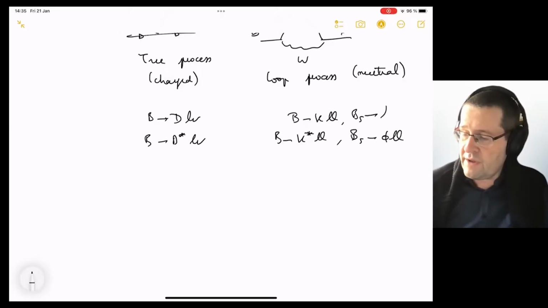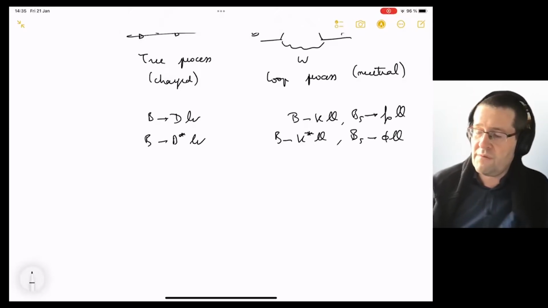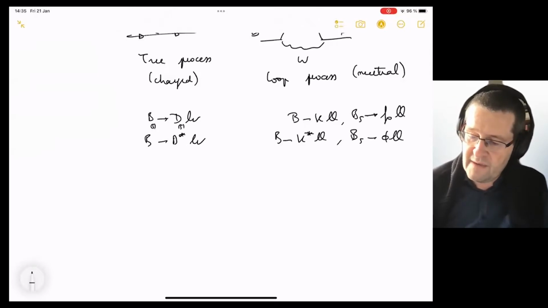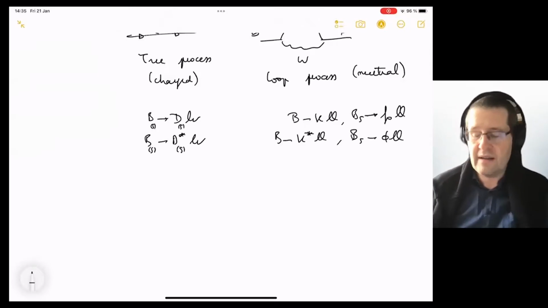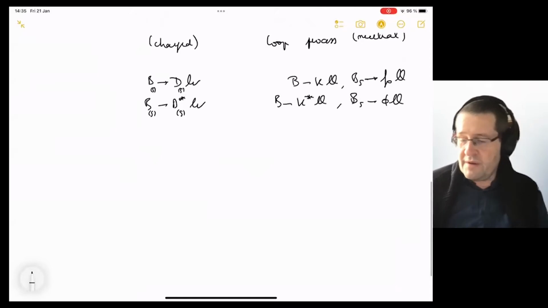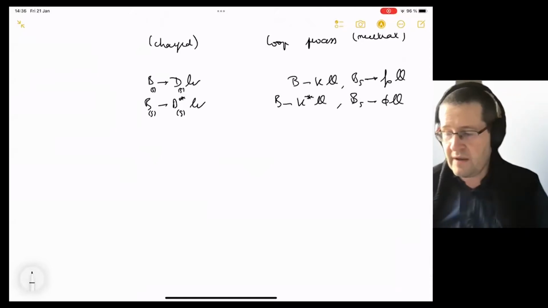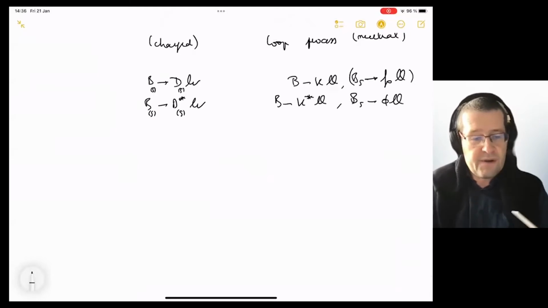Actually, well, yes, you could imagine doing things like Bs to have 0 into a scalar. Same thing here, you could imagine to have s's here and there. But mainly what has been looked at is B to D, B to D star, B to K, B to K star, Bs to phi. This one I will not consider here.